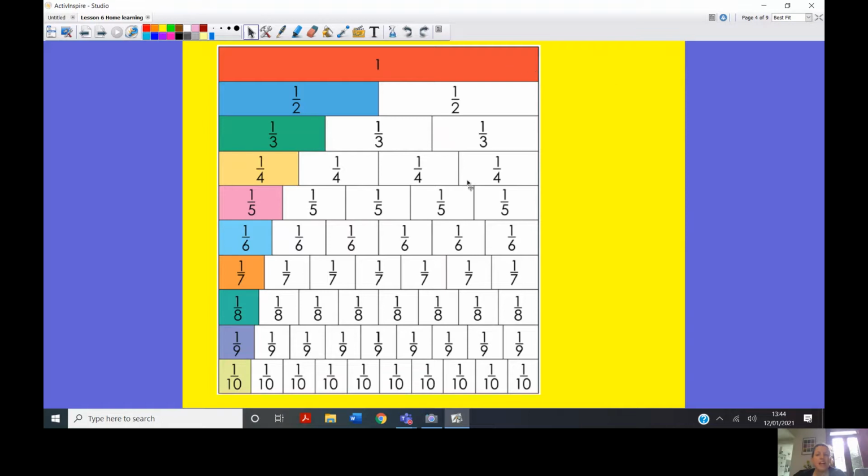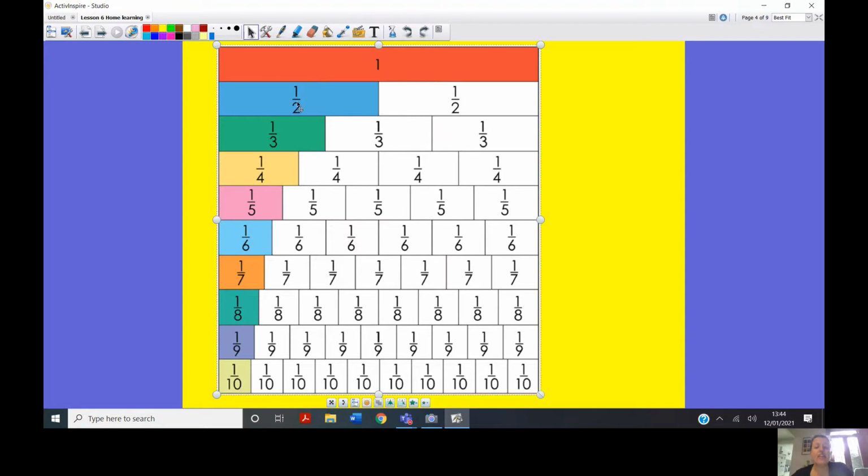And all the way down here, this whole is divided into different equal parts. The number of parts that it's divided into is its denominator.